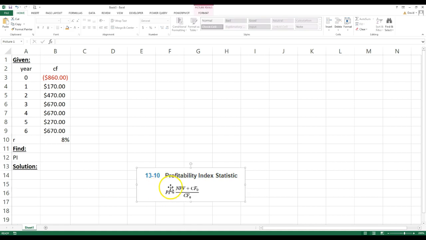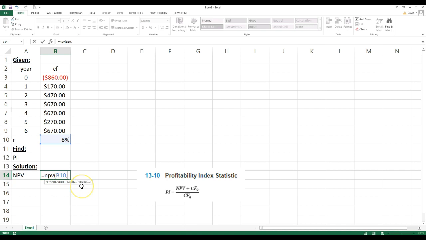This is the formula right here for the profitability index, and both ways to calculate it use the NPV formula. So let's calculate the NPV first. The normal way you calculate NPV in Excel, you go equals NPV, and then it asks for the rate in bold, so I click on the rate, then comma, and it asks for the cash flows.